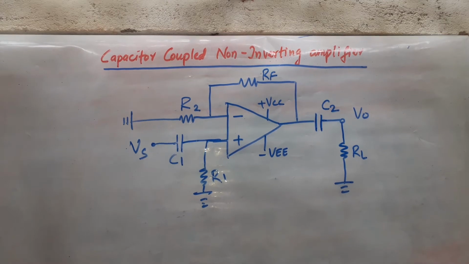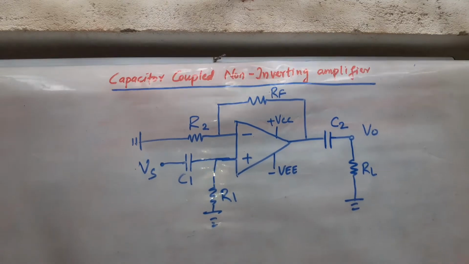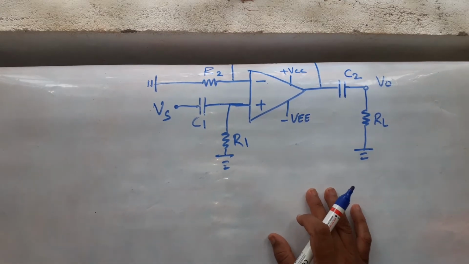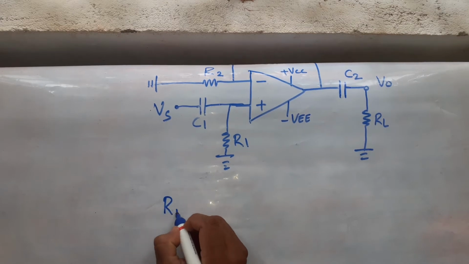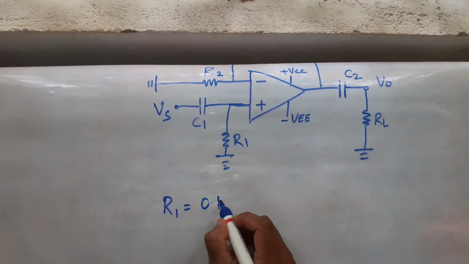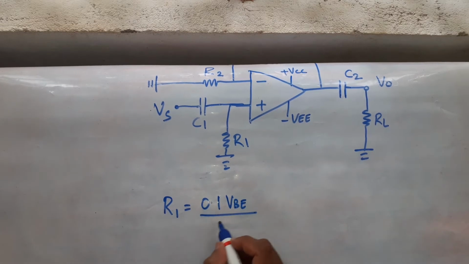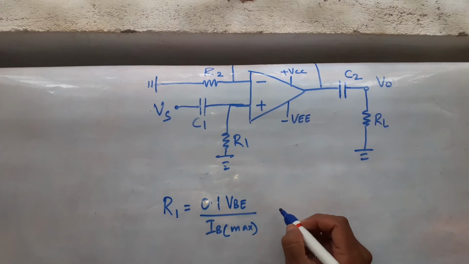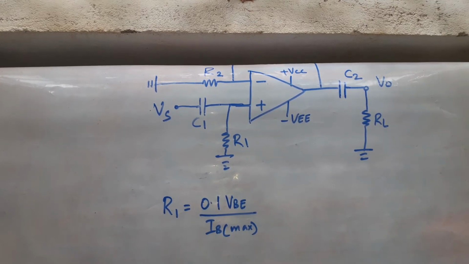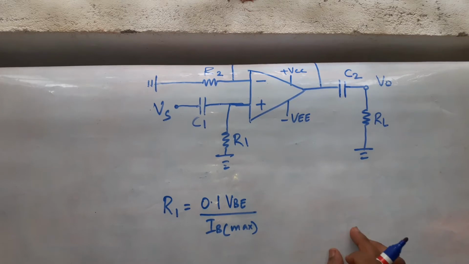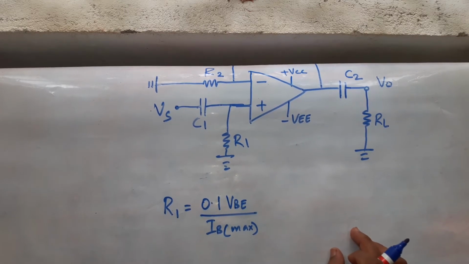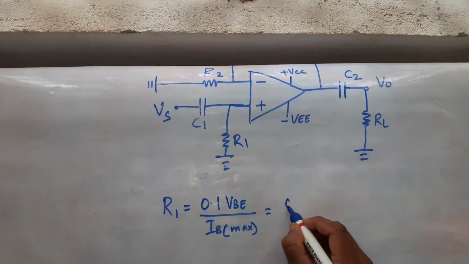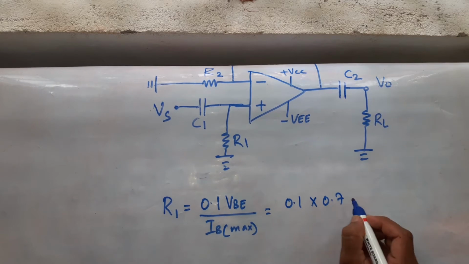Now before going into C1 and C2, let me tell you how R1 is calculated. For R1, we write 0.1 VBE divided by IB max. This is fixed. You have to assume R1 equals 0.1 VBE by IB max all the time. When you should not assume, I will tell you, when it is required. Now what is this VBE? This VBE is 0.7 volts.